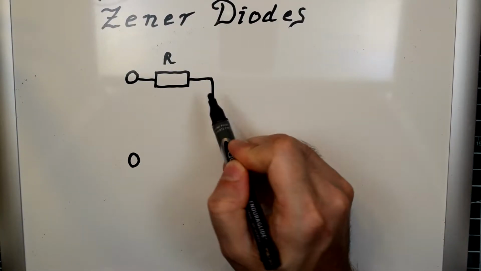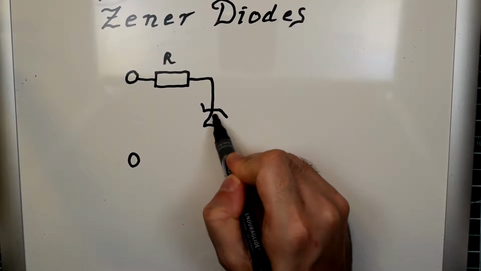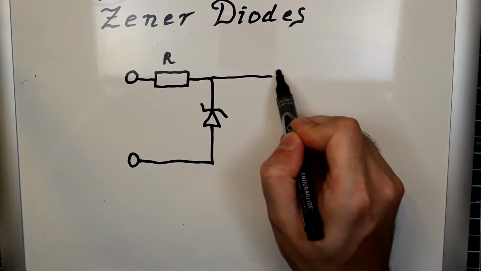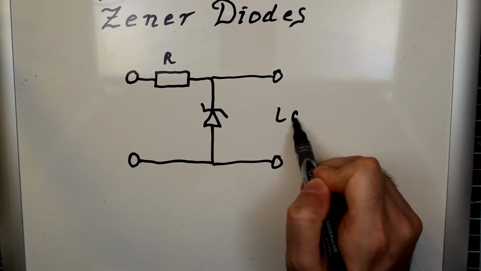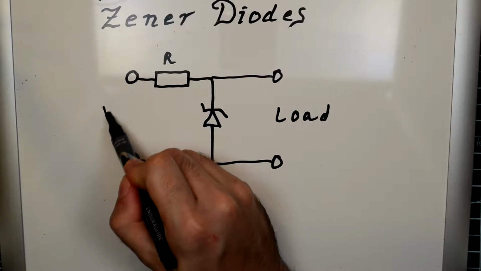And then we're going to bring the Zener diode like that. And then you're going to have your load out here. And this will be voltage.